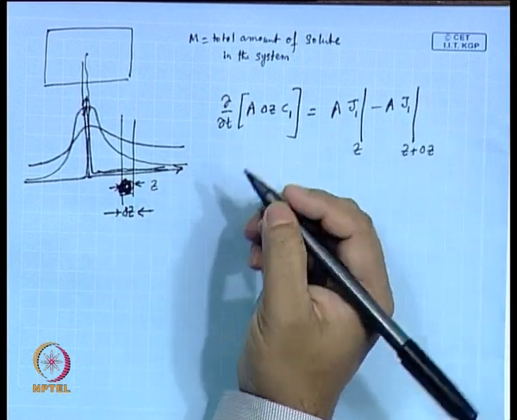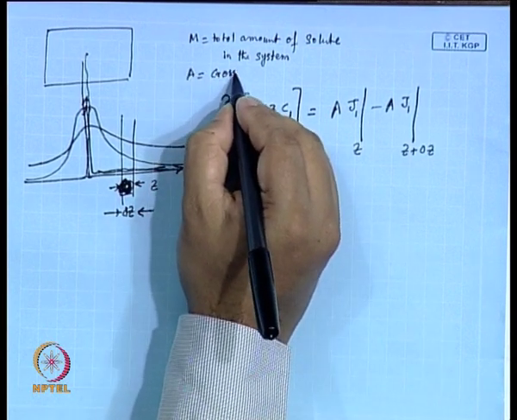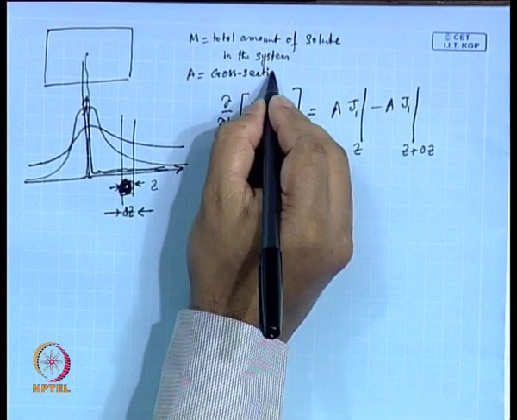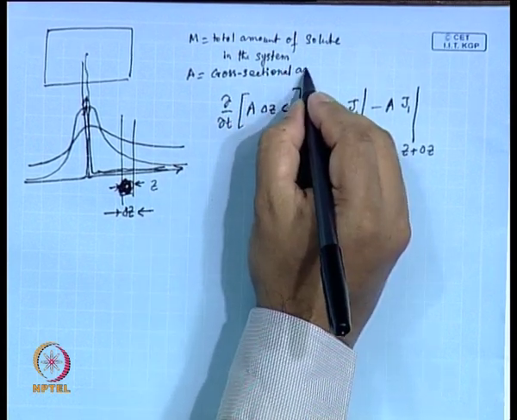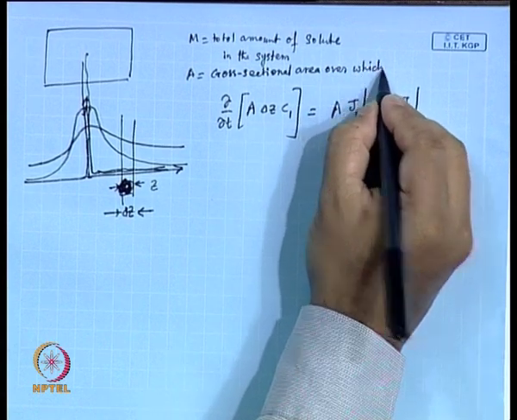What is A? A is the cross sectional area over which diffusion occurs.